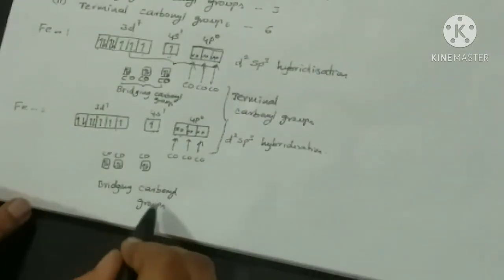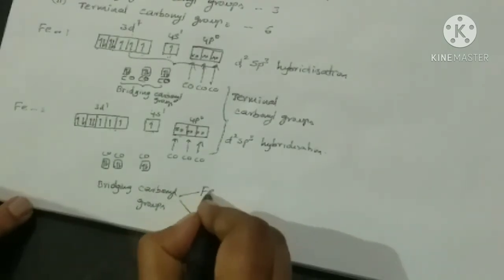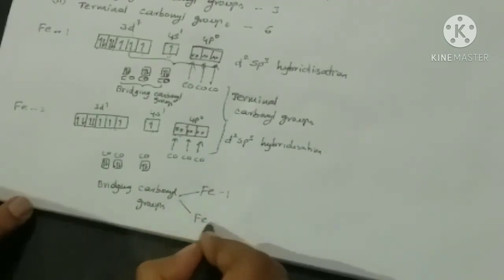Okay, bridging carbonyl groups give their electron pair to Fe1 as well as Fe2.